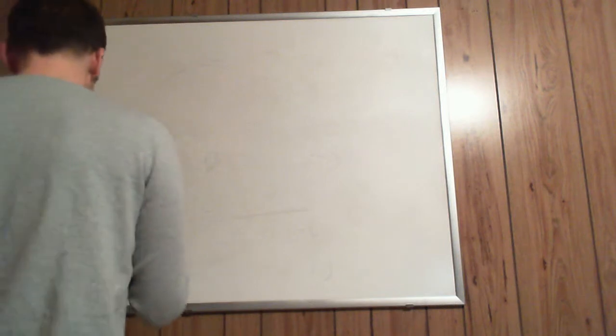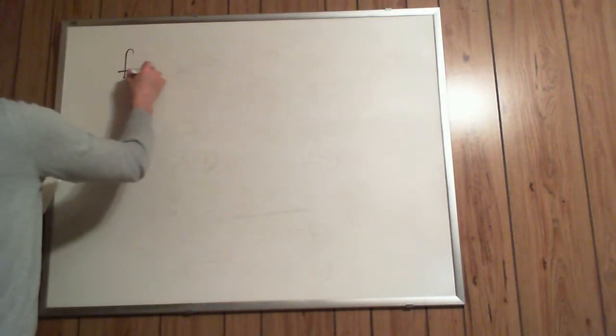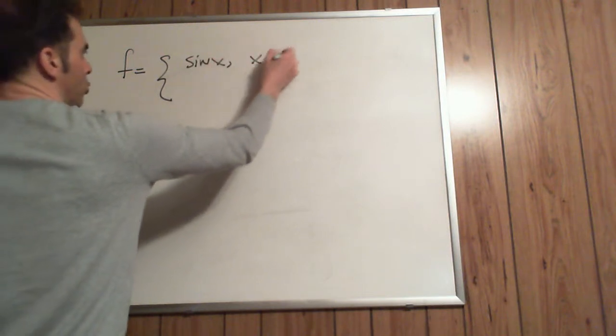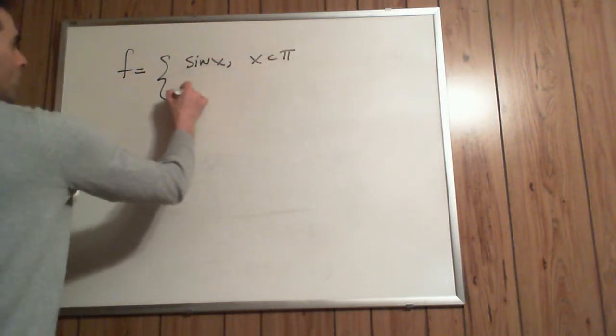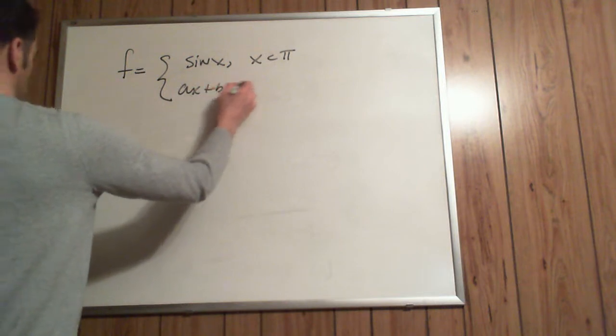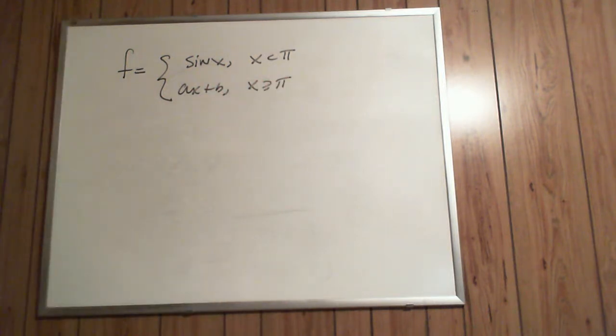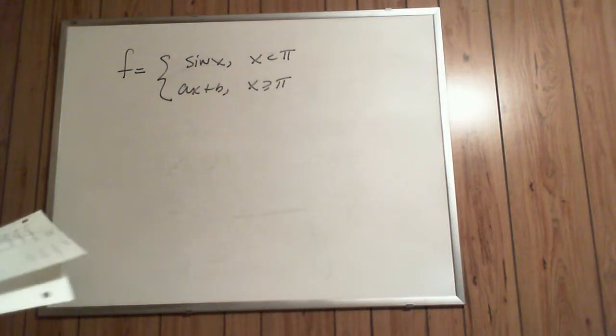Next, a very common question is to find the values of the variable so that f is continuous and differentiable. Very common question. So I want to find a and b so that f is continuous and differentiable.